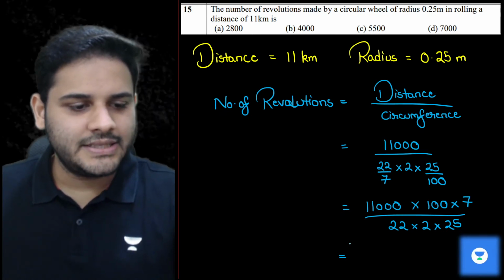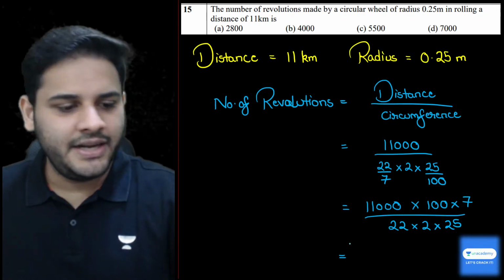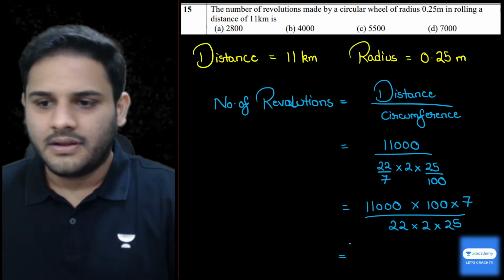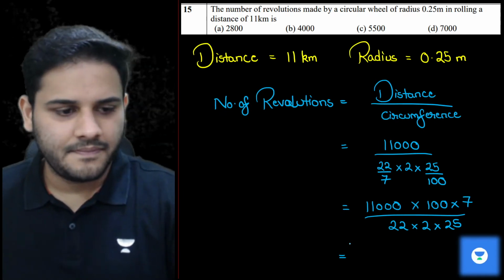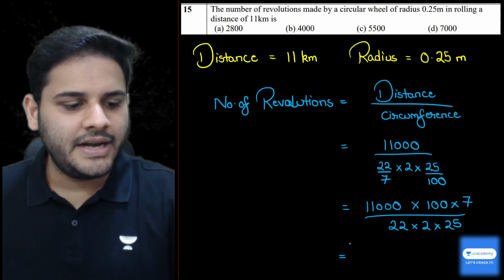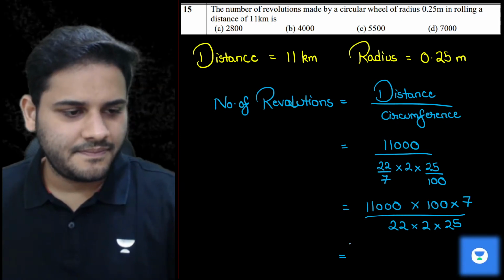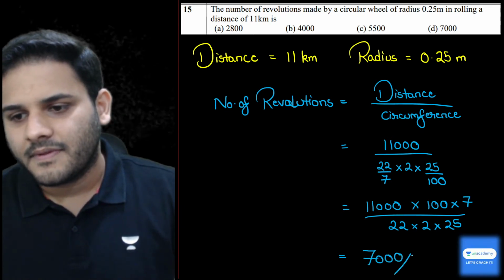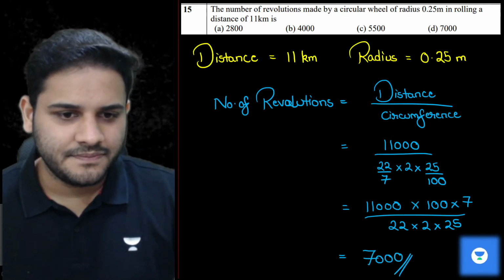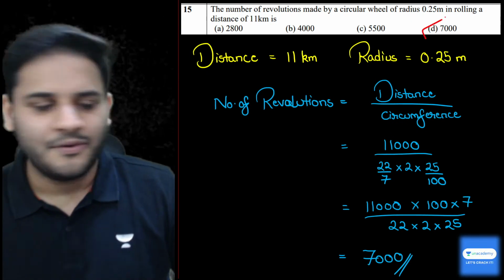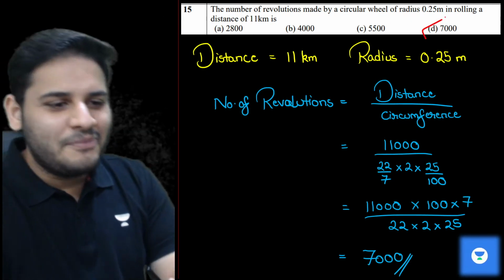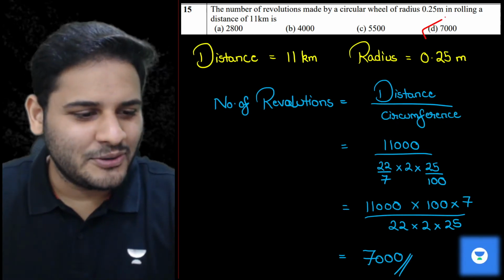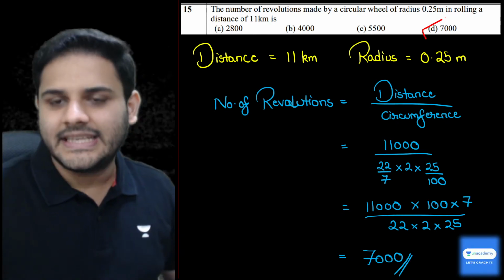So when you solve this, 11,000 into 100 into 7, you end up getting what? 7,000. So is that very clear to everyone? We move on to question number 16.